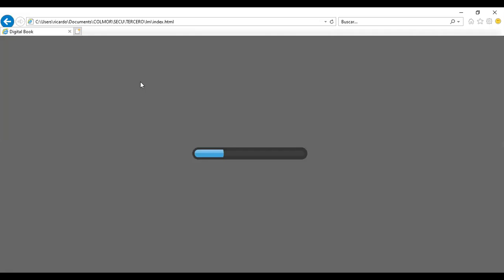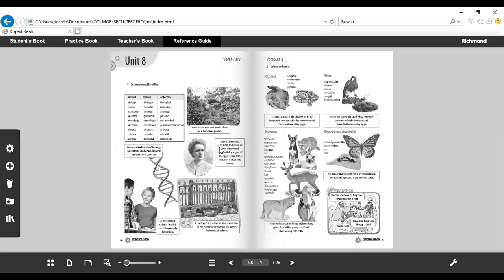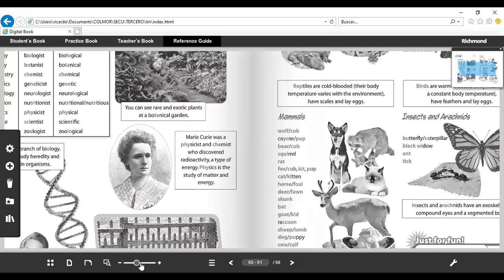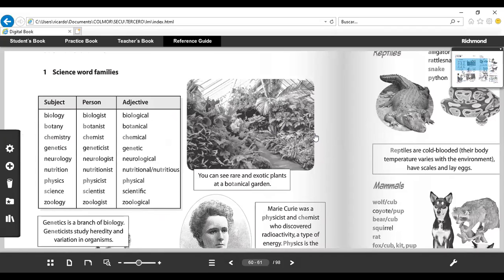Oops, what happened? Uh-oh, I think it's going back to the reference guide. My magic is too strong. My magic. Focus, focus, and okay. Well, now that we are here, why don't we take a look at the rest of the information as a reminder.